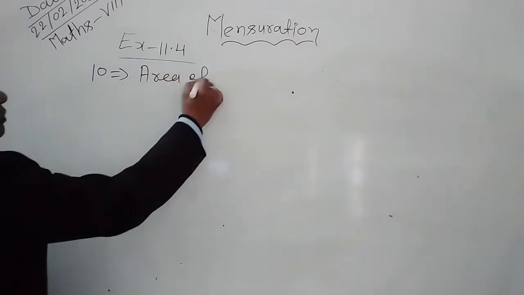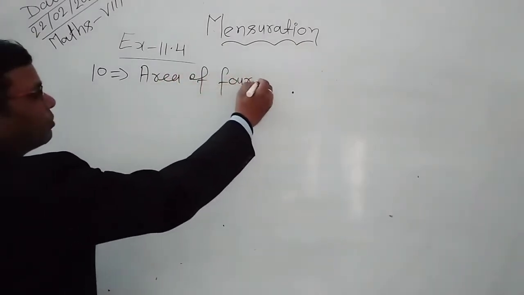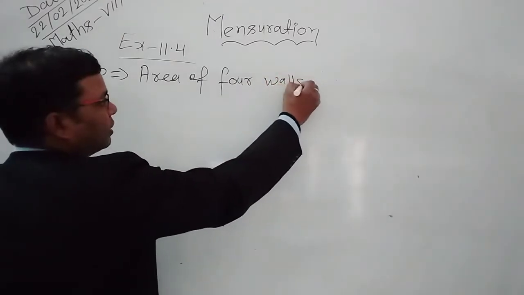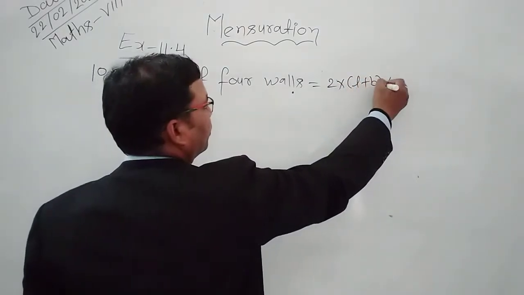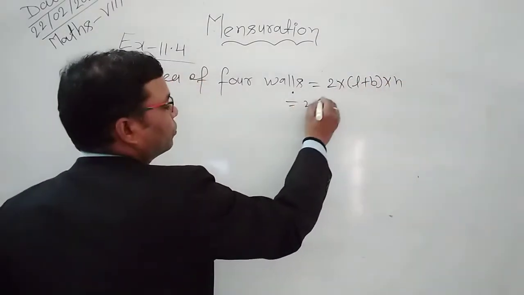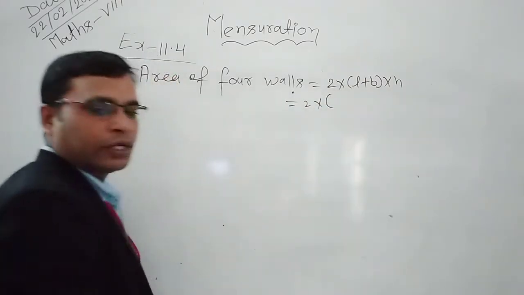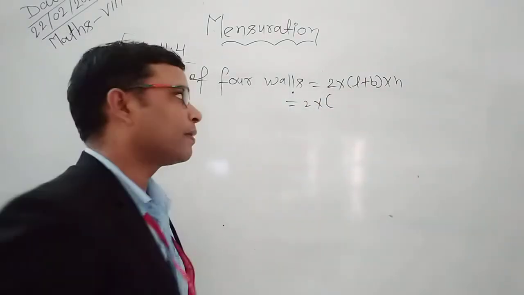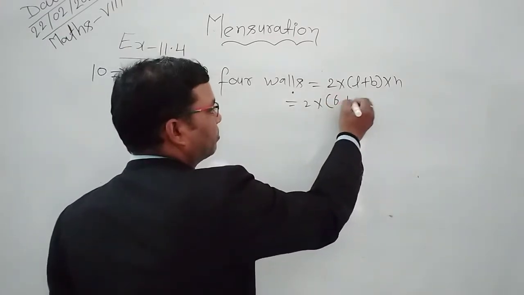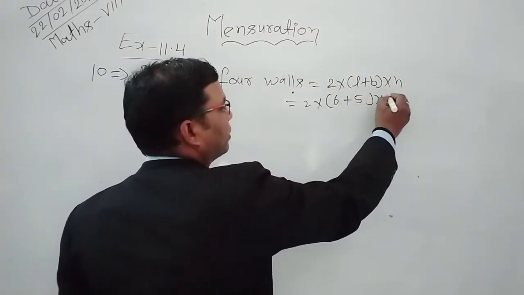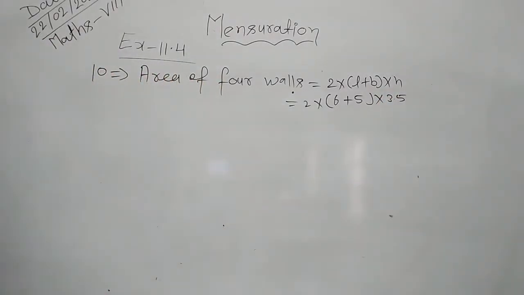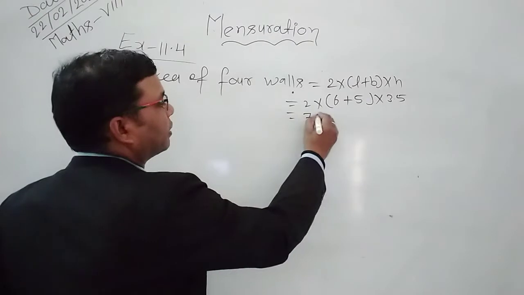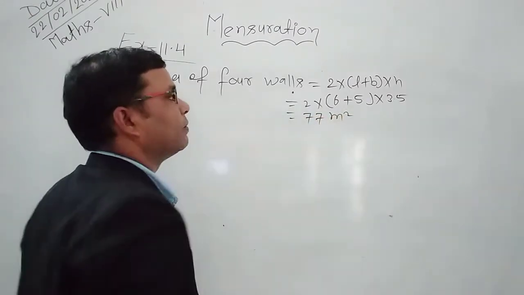Area of four walls is equal to 2 into (L plus B) into H. So 2 into, length is 6 meter and breadth is 5 meter, 6 plus 5, into H, which is 3.5. So 6 plus 5 is equal to 11, and 3.5 into 2, if you simplify this, then you get 77 meter square.